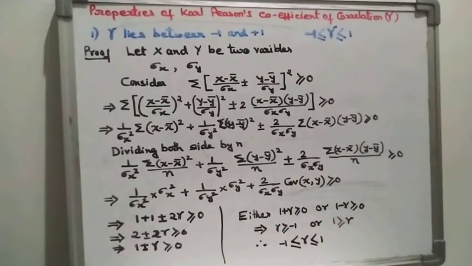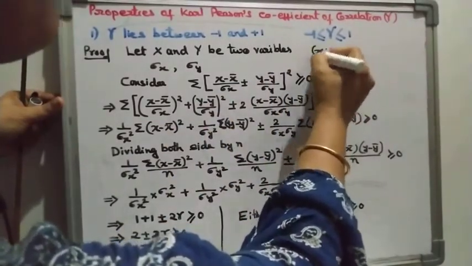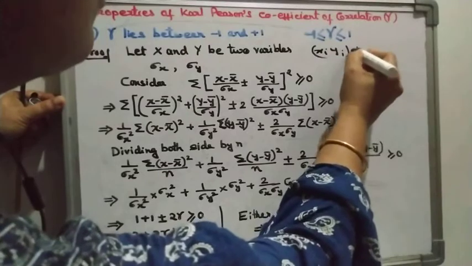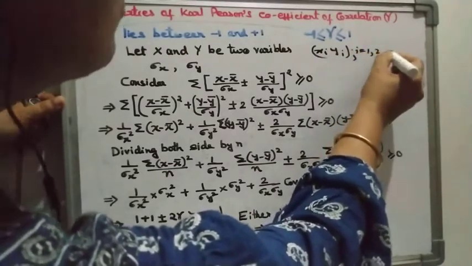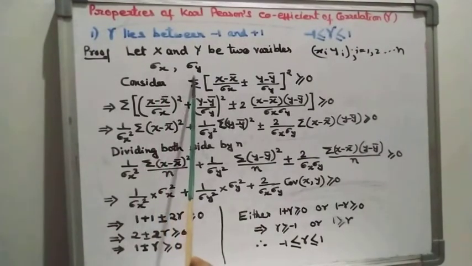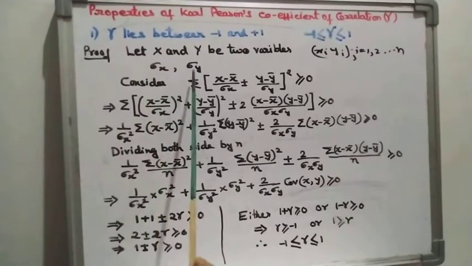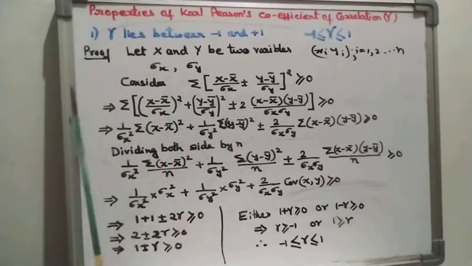So let's do the proof. Let x and y be two variables which take the values xi, yi, where i goes from 1, 2 up to n, and sigma x and sigma y are the standard deviations of the x series and the y series respectively.